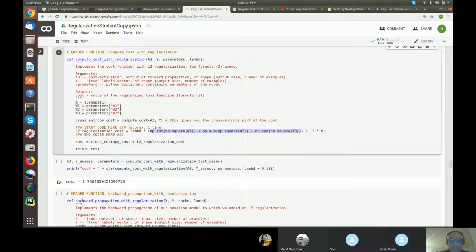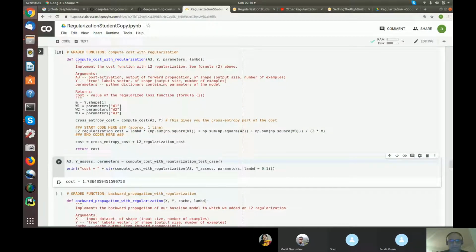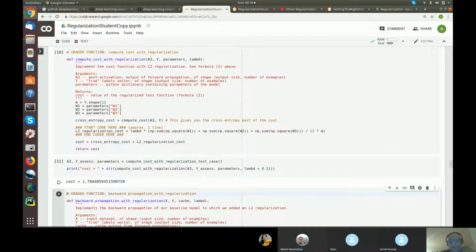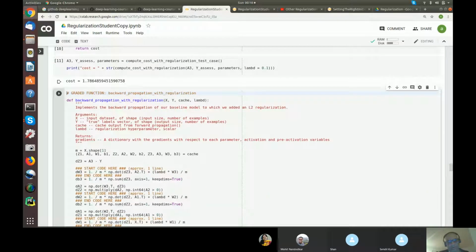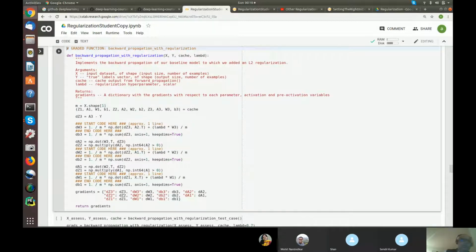Then it's multiplied by lambda. Okay. So we run this. We take some test case just to see how it's doing.